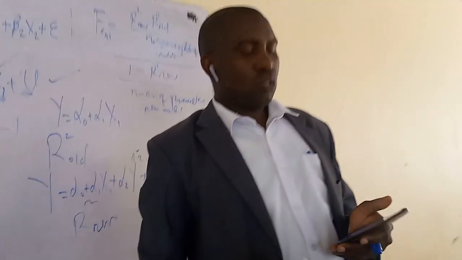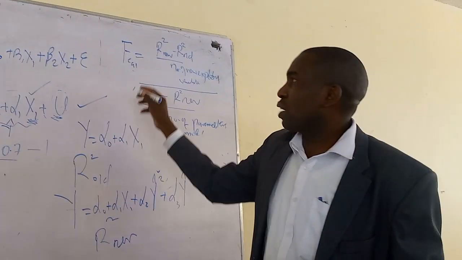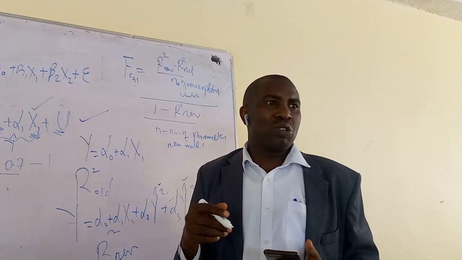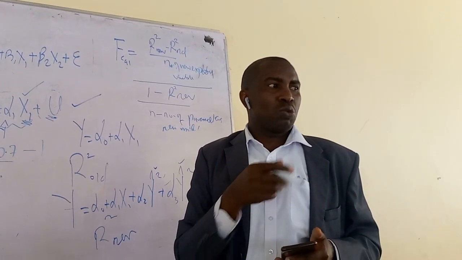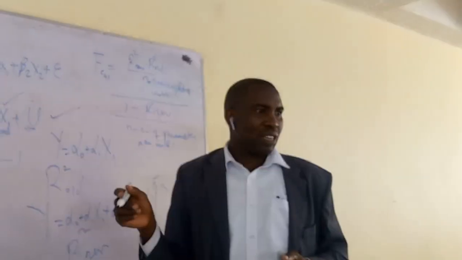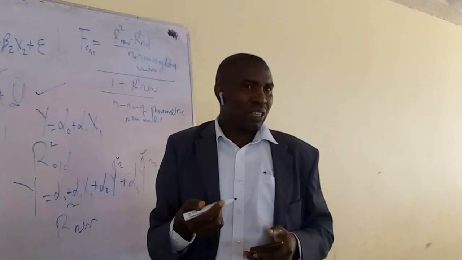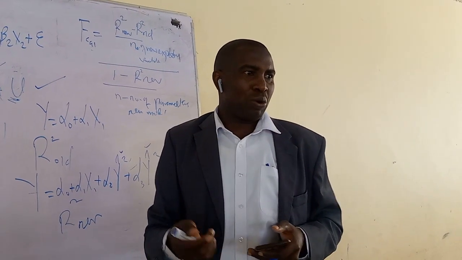So my friends, after you have done that, this gives us F calculated. I did tell you the null hypothesis for this test. What is the aim? The aim of carrying out this Ramsey RESET is that we are assuming there is variable omission. The null hypothesis always negates what we are thinking.